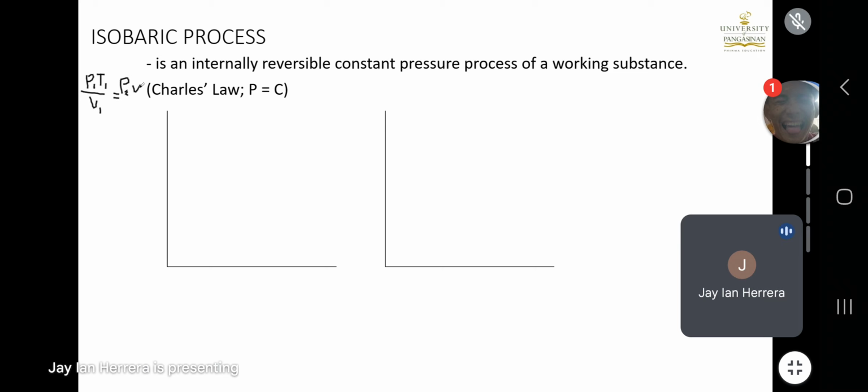Basta pag naging constant ang pressure, parang makakansel lang yun. Matitira si Charles law. In which it is V1 over T1, which is equivalent to V2 over T2.